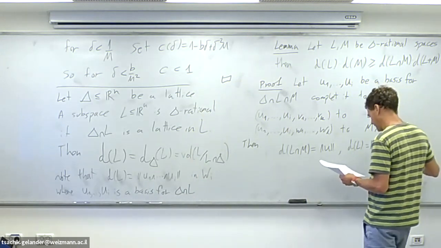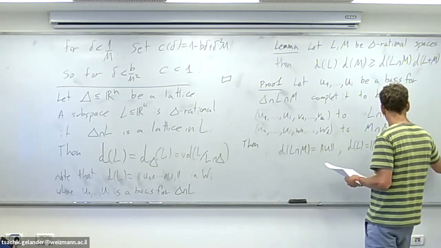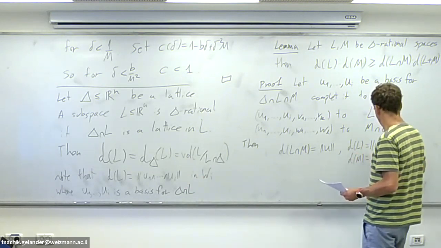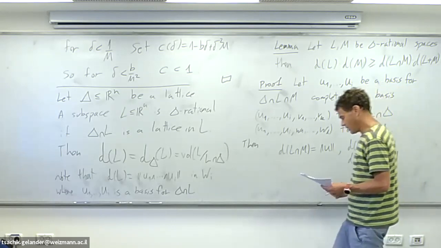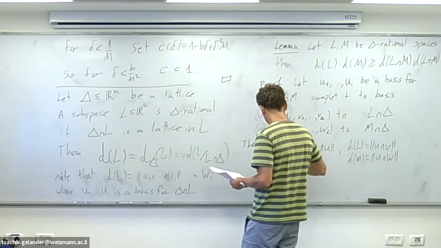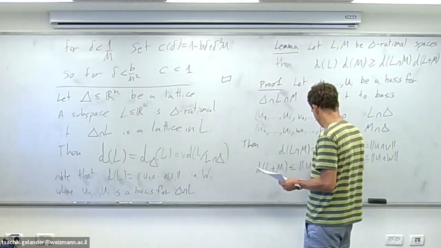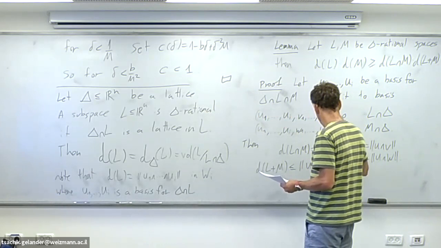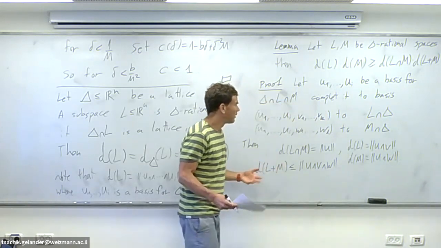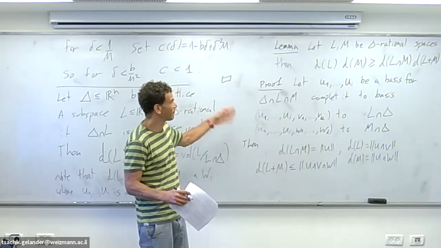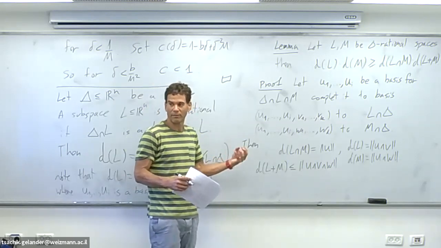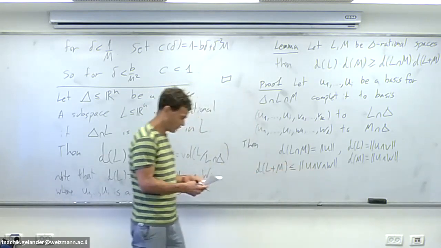D of M is the norm of u wedge w, and D of L plus M is bounded by the wedge of u, v, w. Because if you take all of them, u, v, and w, you get something that spans delta intersected with L plus M, but maybe it's not a basis, maybe it's something small. That's why you get this inequality.